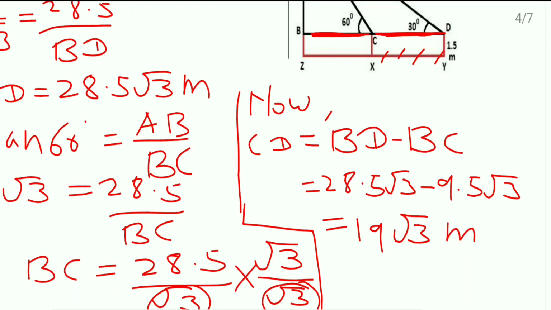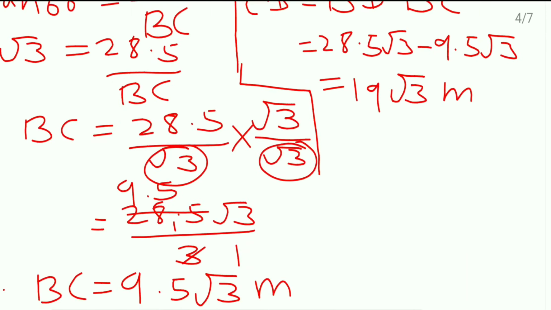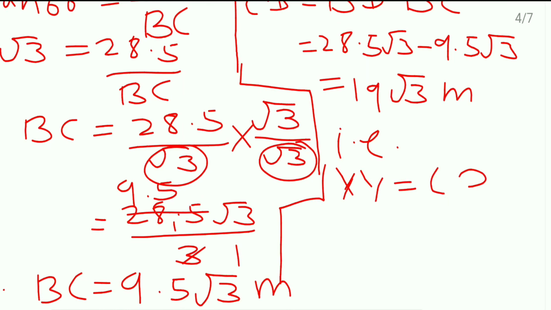Correct? Here I'll note it down, that is XY, which is equal to CD, which is equal to 19 root 3 meter.